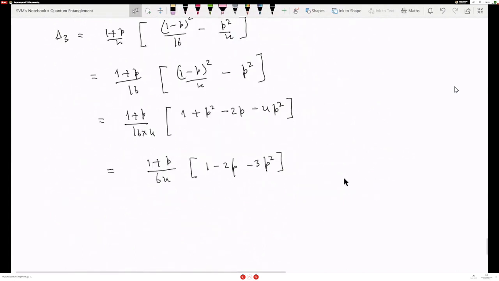Anyway, since p is greater than 0, this quantity is positive.